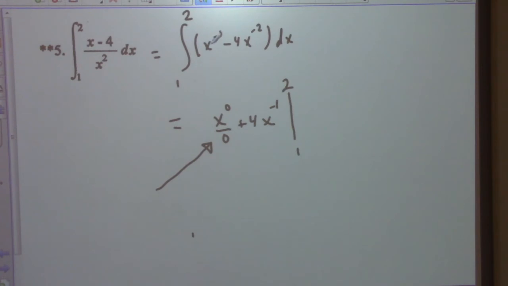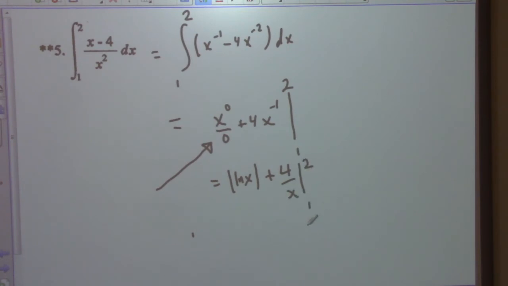So the integral of x to the negative 1 power is going to be equal to the natural logarithm of the absolute value of x. So that's what that is going to be, plus 4 over x between 1 and 2.